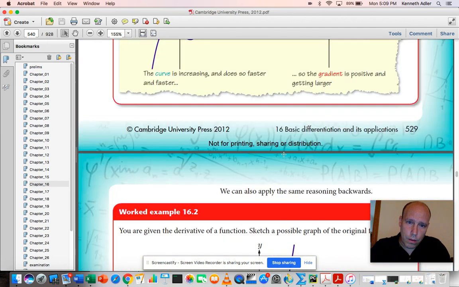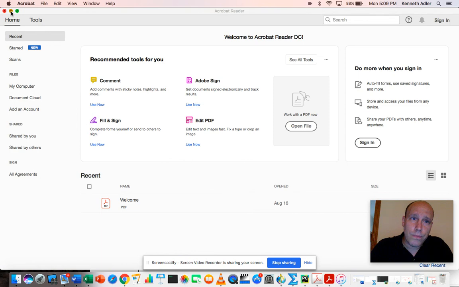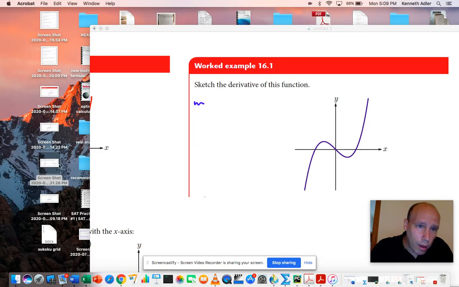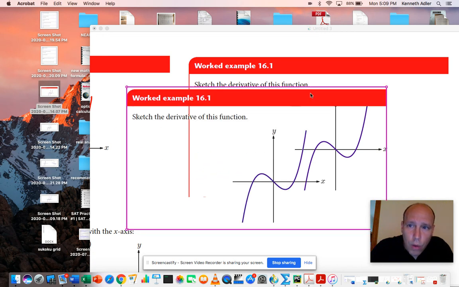Sorry. Okay, so this one, sorry about that. I want to do this. You're given the derivative. Find a sketch of the original function. Okay, let me set this down.